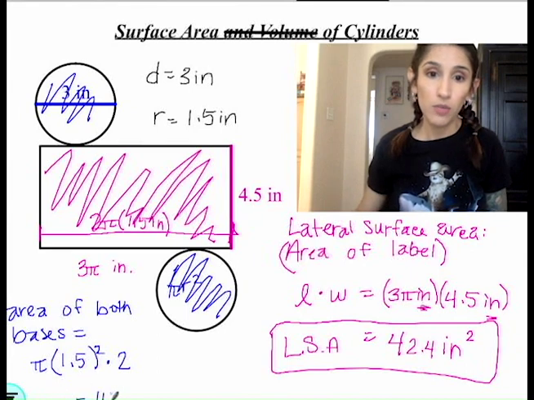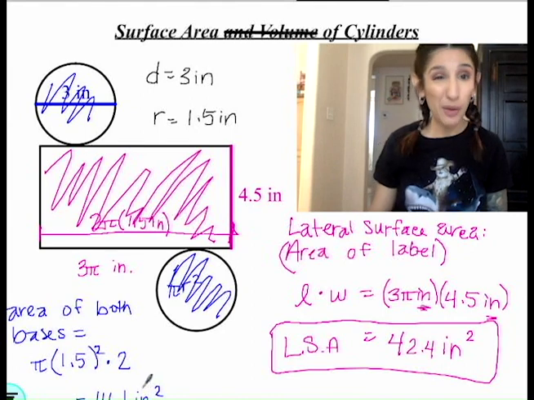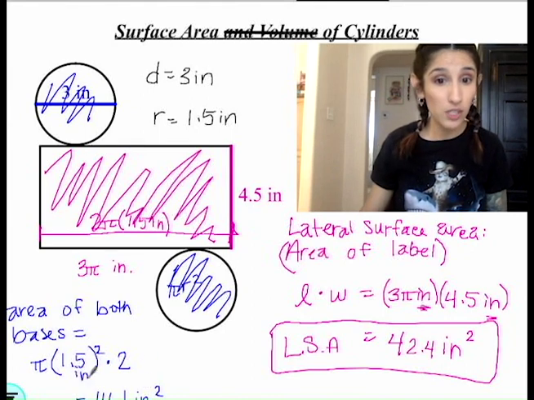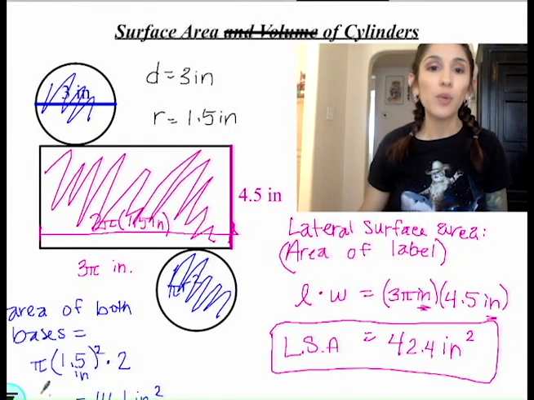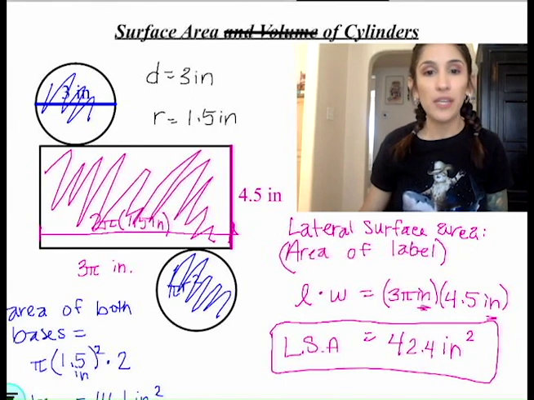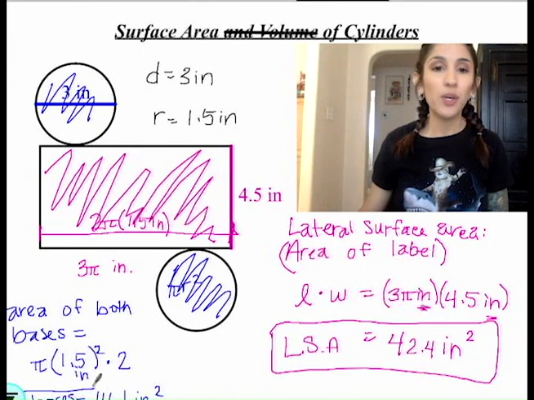So 14.1, again, we're talking about inches squared because this was inches that I squared. So area of both bases, so we'll say bases area, sorry, you can barely fit that, is 14.1 inches squared.